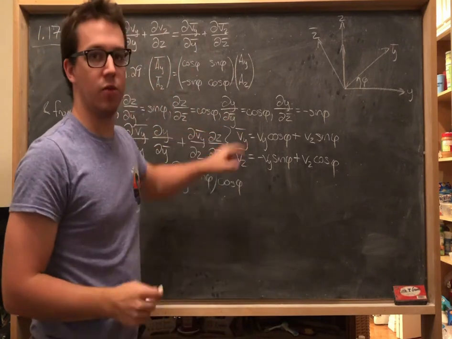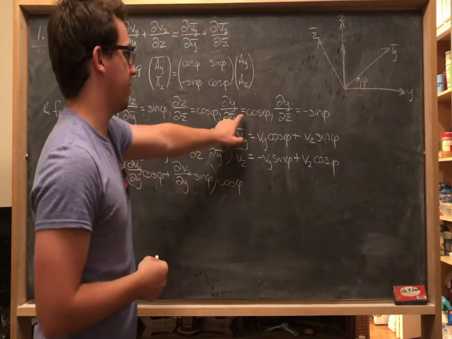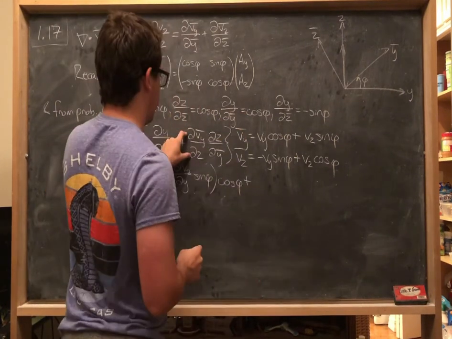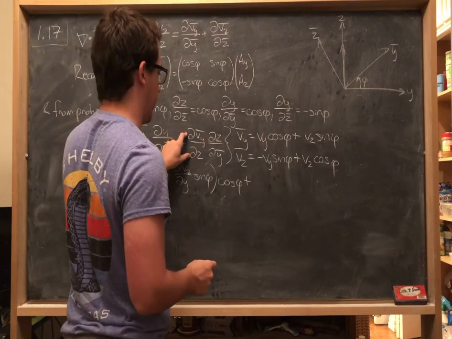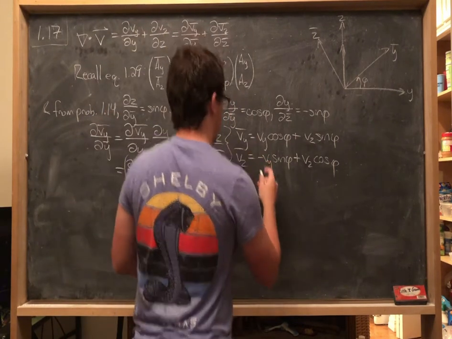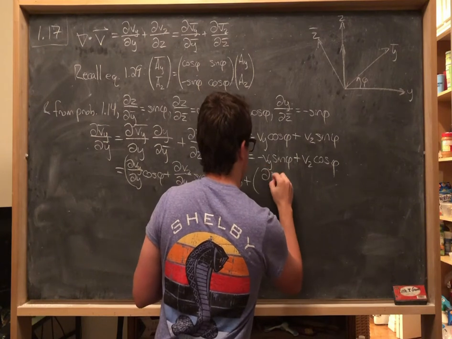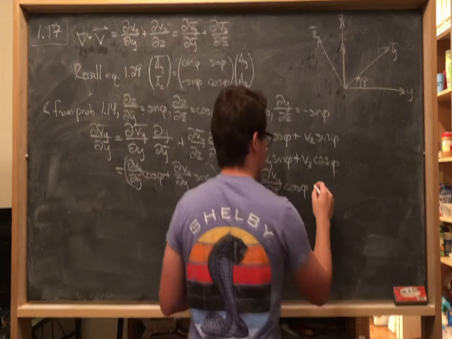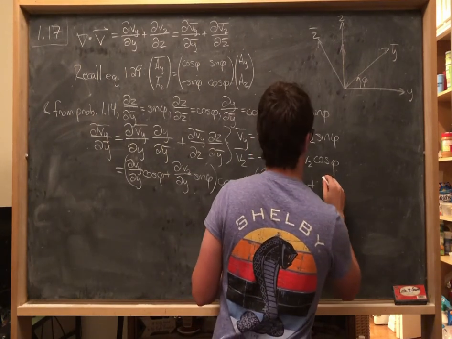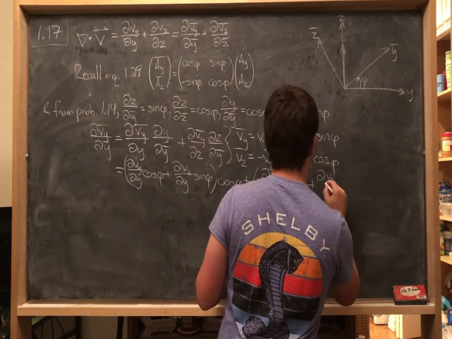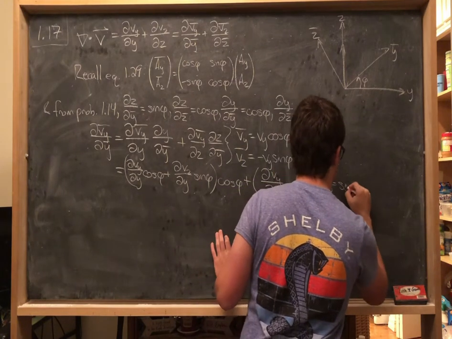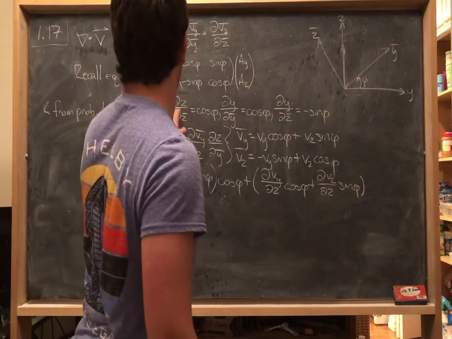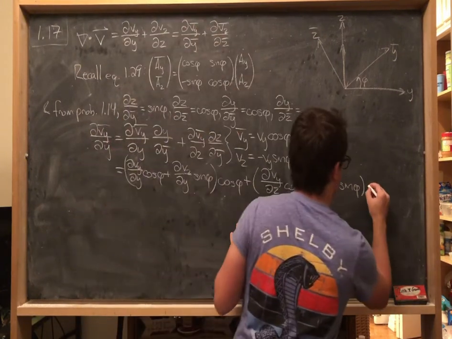Again, look at the video for 1.14 or do 1.14 if you're curious how we got these values. And then d vy bar with respect to z. So d vy dz cosine phi plus d vz dz sine phi, and then multiplied by dz dy bar, sine phi.